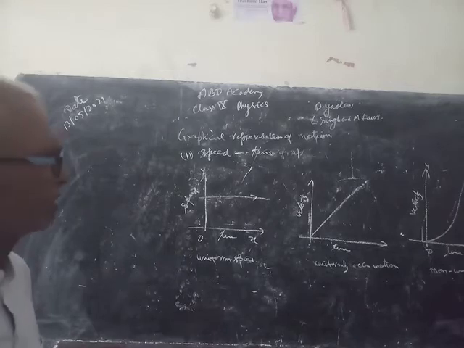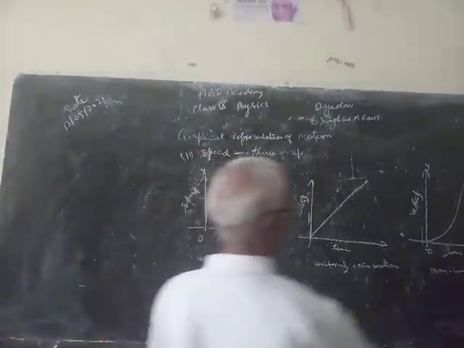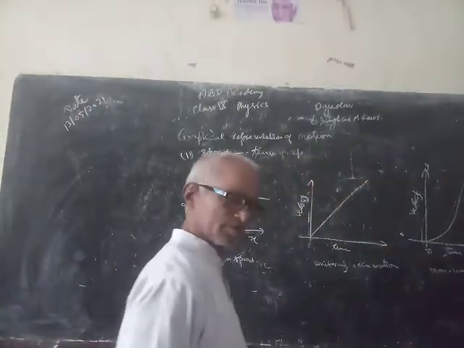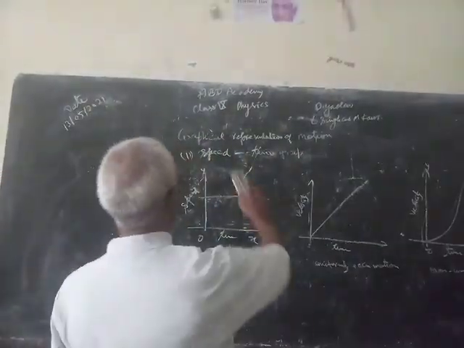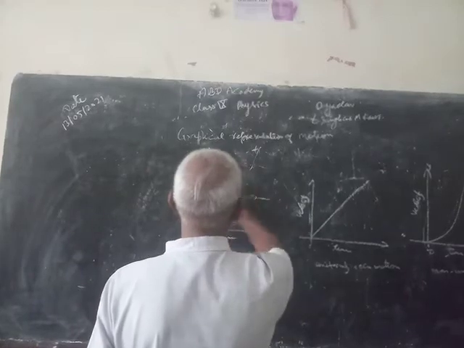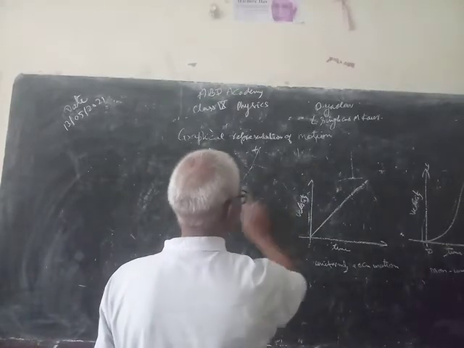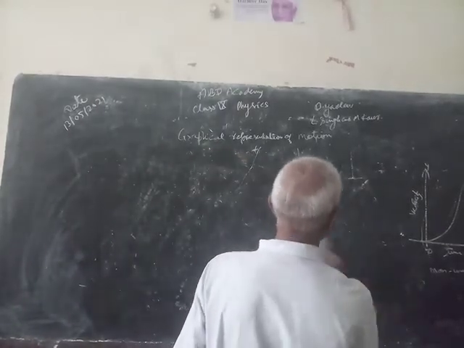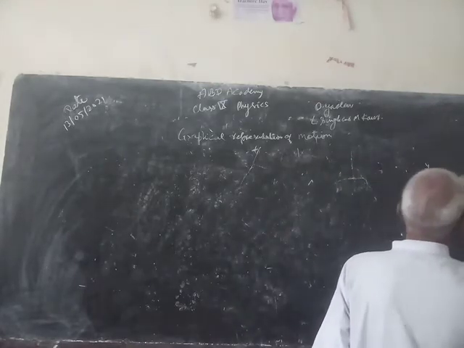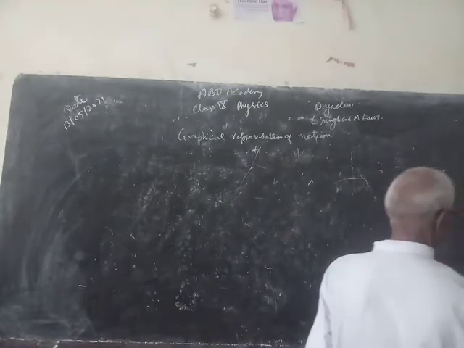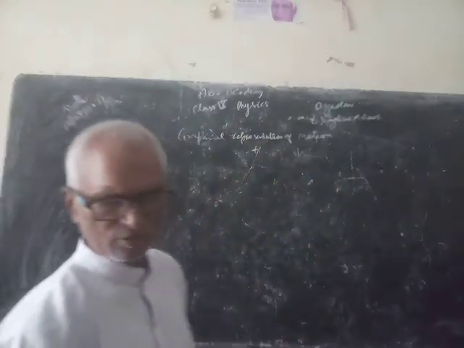Even time-acceleration can also be shown on these graphs. So you see these things already. Simply you have to go through it and have an idea, so that whenever you are asked about graphs of motion, you will be in a position to answer what kind of motion is required.